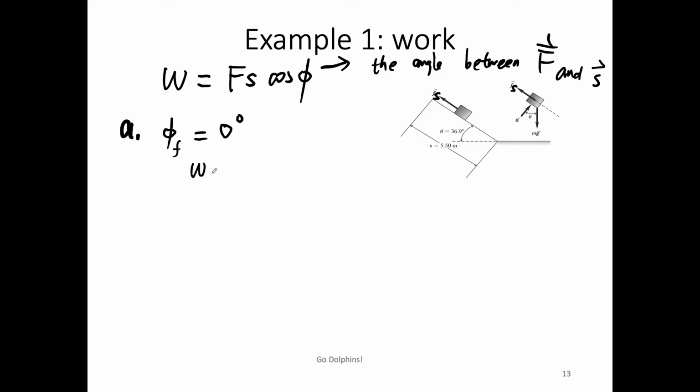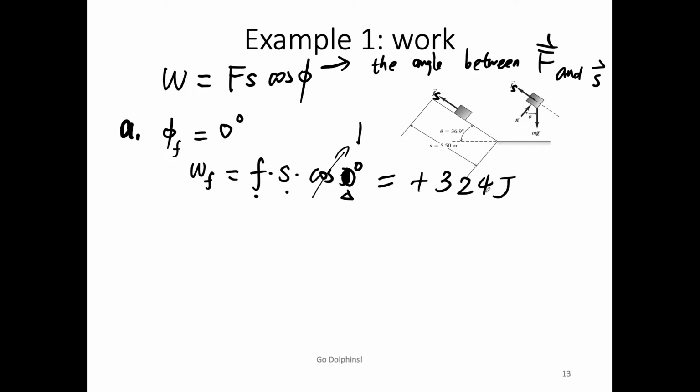So the work done by friction is just the friction times S times cosine 0 degrees. I need to use the angle between F and S for this angle, so this is just 1. Plugging in all the numbers, I find the work done by friction is 324 joules.